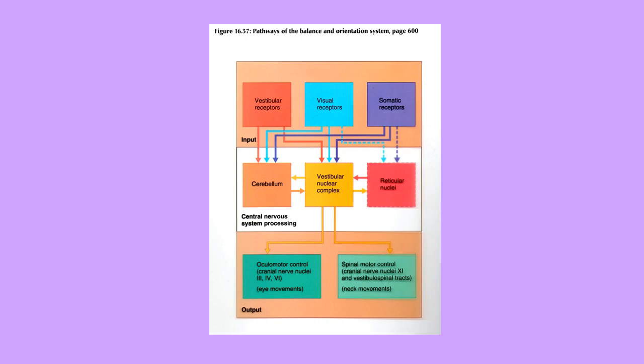So once again, you see that the body doesn't work with just one little component by itself. You often have input coming from several different places. It may involve several different senses, several different systems even, all working together to maintain, in this case, your balance, your equilibrium.